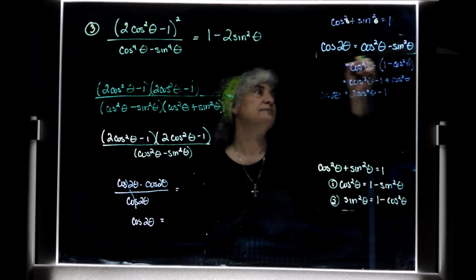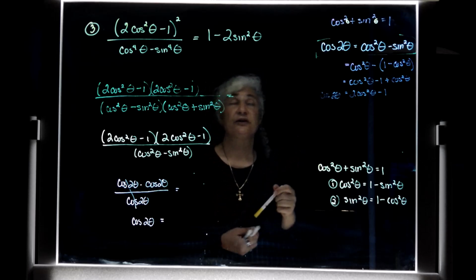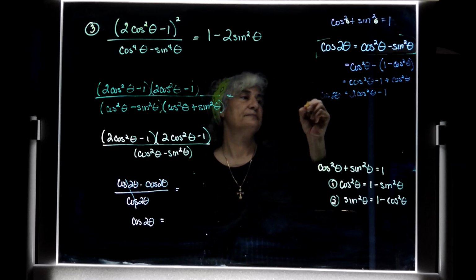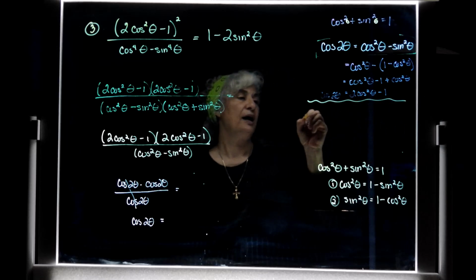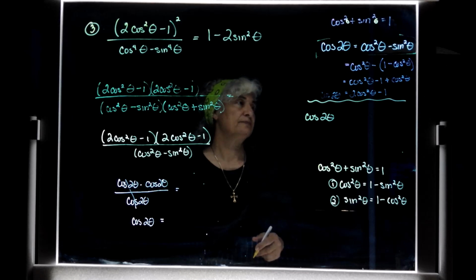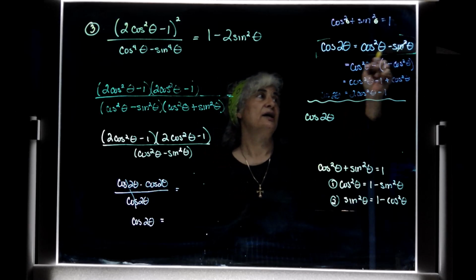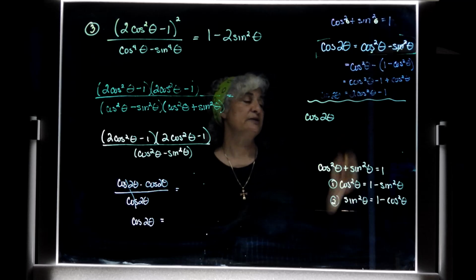This double angle has one more variation. I can say the cosine of 2 theta. Here I plugged in for sine squared. Got it. What happens if I plugged in for cosine squared?